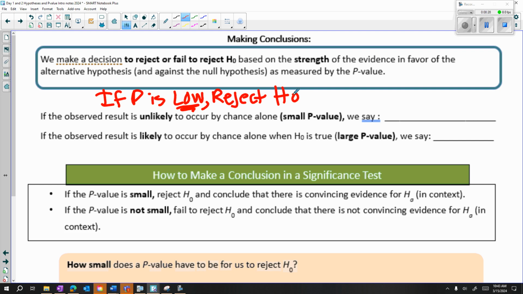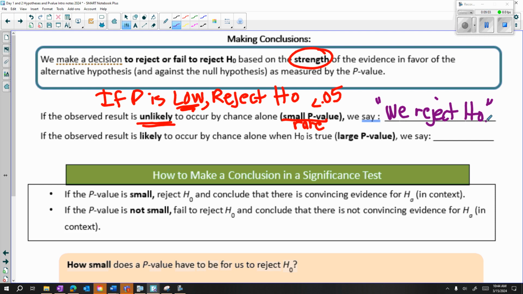So we make a decision to reject the null or not based on how low or high that p-value is, and that's considered the strength of the evidence for your HA, which is your alternative hypothesis that you want to prove. If p is low, it's considered unlikely that it occurred by chance. It's really small, less than 0.05. So it's very rare that this happened by chance, so you reject H0. And if you reject H0, you conclude in favor of the alternative hypothesis.